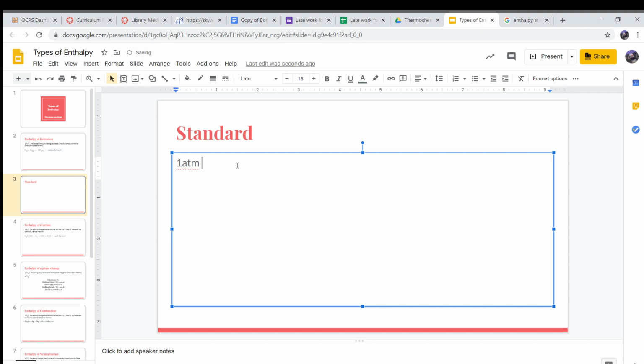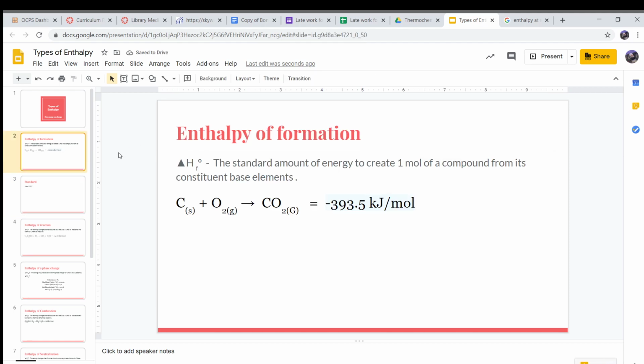In general, we try to use 1 atmosphere because it's the easiest one. And then 25 degrees Celsius.